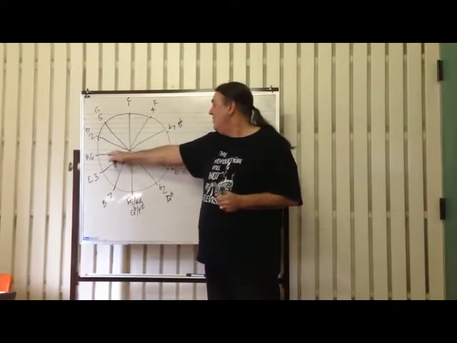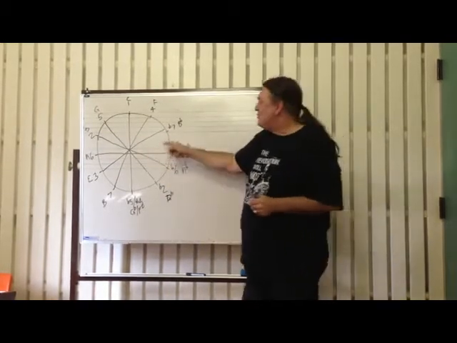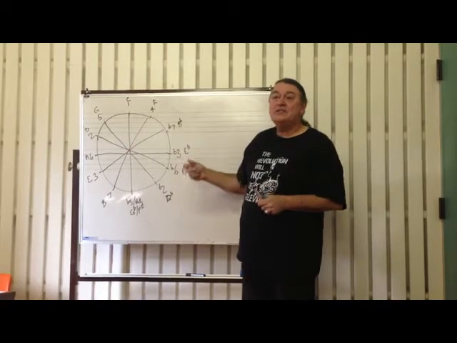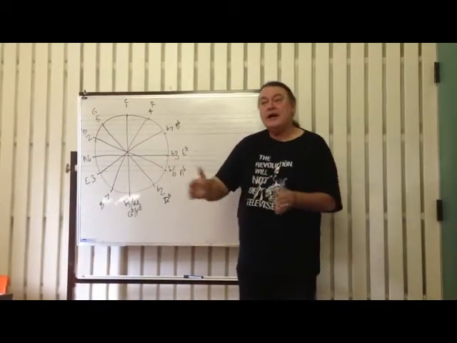Where does 6 go to? 6 goes to 2, which is D. What is D's relationship with E flat? It's a semitone lower.